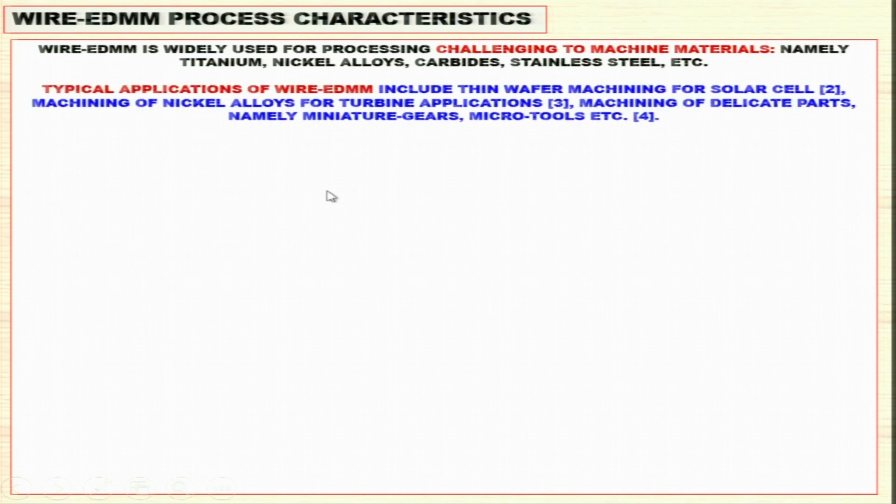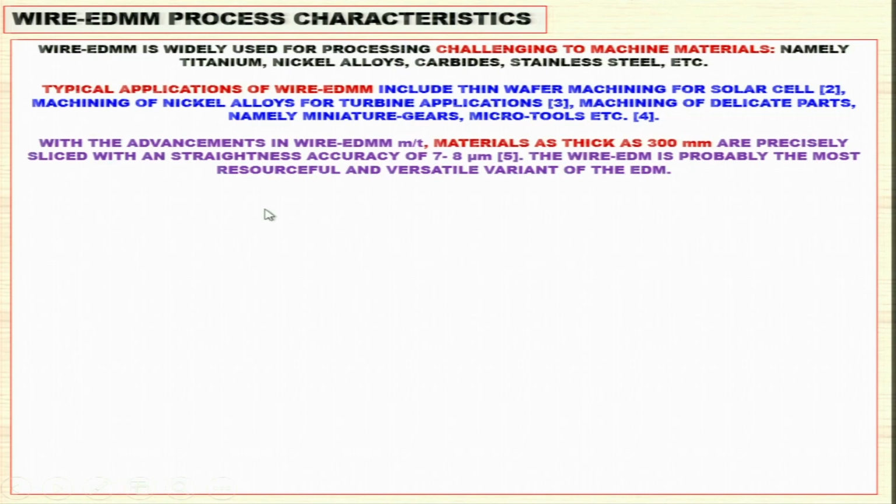Those materials can be machined by wire EDM processes, namely titanium, nickel alloys, carbide, stainless steel, etc. Typical applications of wire EDM include thin wafer machining for solar cell, machining of nickel alloys for turbine applications, machining of delicate parts, namely miniature gears, micro tools, etc. I will show you later on miniature gears which have been machined by wire EDM process.